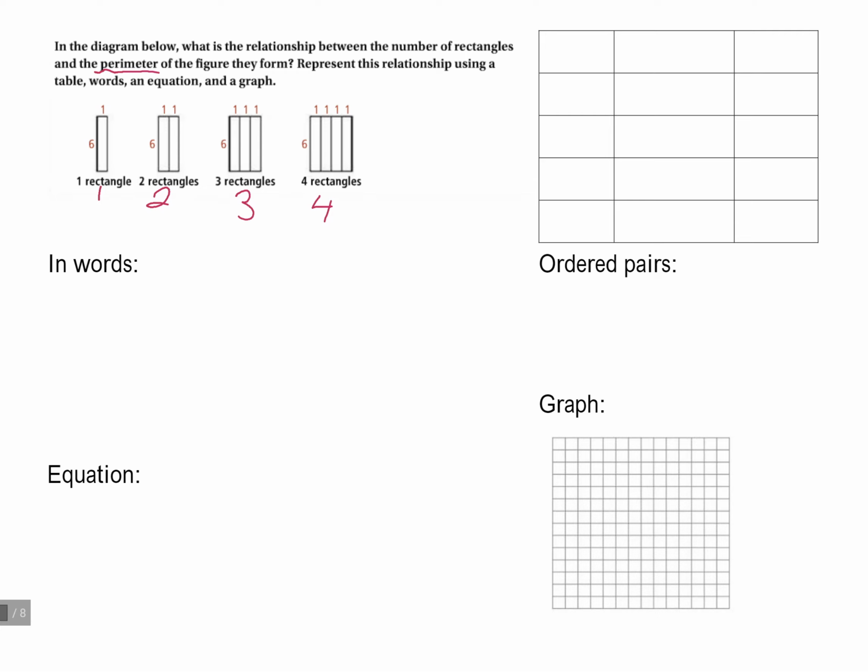When you guys make these tables in this section, the first column, the left column, is gonna be figure number. So that's our first move. The second column will be the number of whatever's going on. In this case, we're changing the number of rectangles.